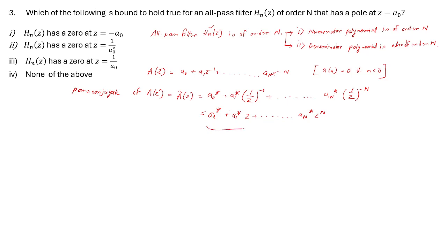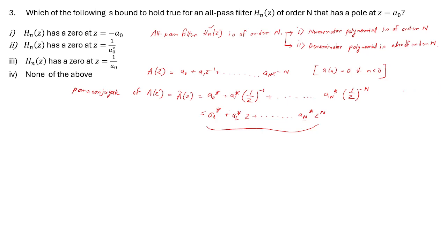So when you observe this expression, you can immediately see it is the transfer function of a non-causal filter. Why? Because these coefficients correspond to negative time index. Why am I saying that?